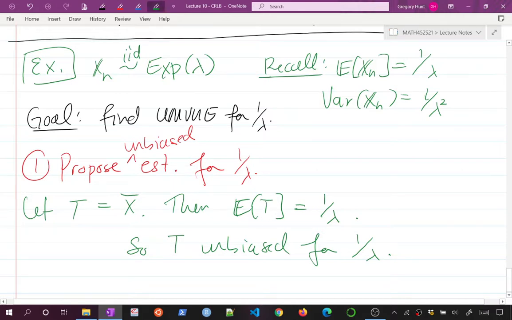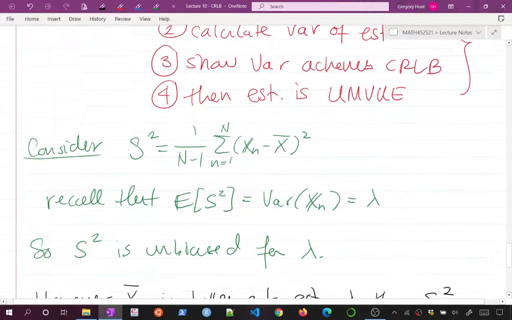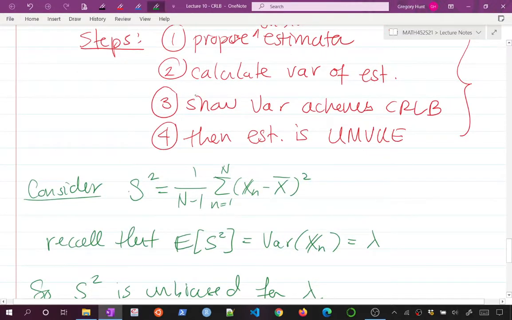Let's just call it T. T, my statistic, x bar, whatever you want to call it. The expected value of x bar, or of T, is 1 over lambda. So it's unbiased. Check 1, we have proposed an unbiased estimator, and I gave you the first guess at x bar. You'd have to show in homework it's unbiased.